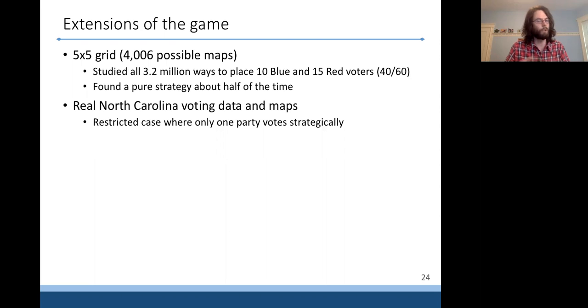And we show that if you started with the Judges map, which is not an outlier, you could find a set of voters to vote strategically. And assuming the other party doesn't respond, you could make that bad map look good again, and have it be seen as a valid map the next time you were drawing districts.